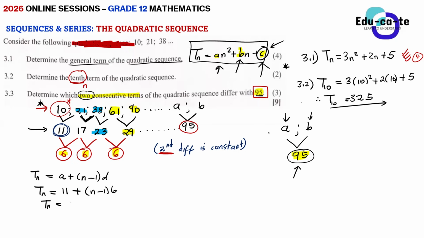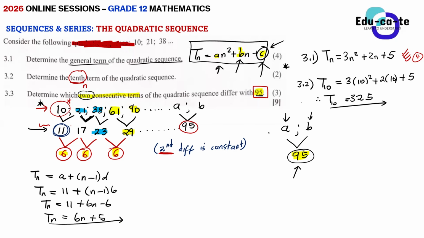So this is 11 plus 6n minus 6, and that's going to give you 6n plus 5. That's going to be your general formula, or the general term, for this arithmetic sequence, which is made up of the first differences from the quadratic one.